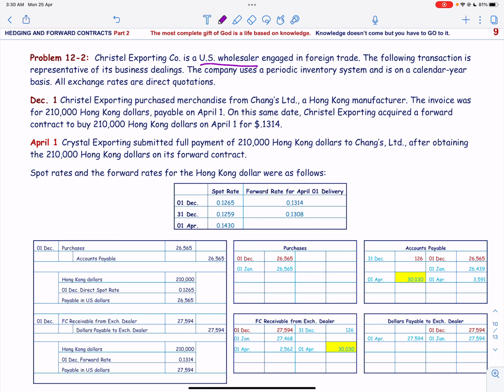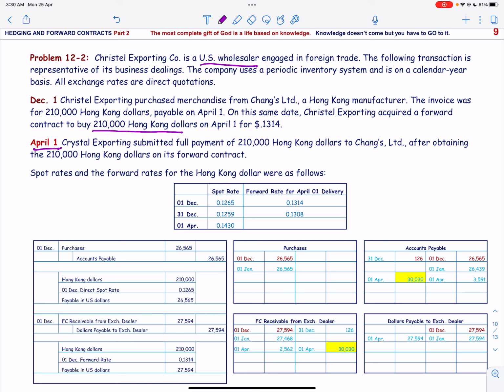Now, on December 1, Crystal Exporting Company purchased merchandise from Chang Limited, a Hong Kong manufacturer. Notice that the transaction took place over here and this is not a commitment. The invoice was for 210,000, payable on April 1.